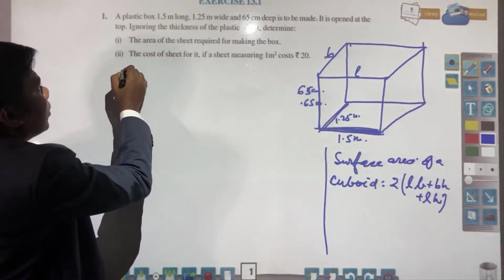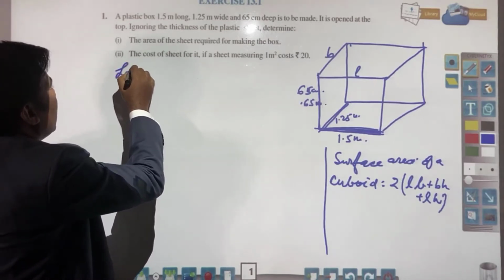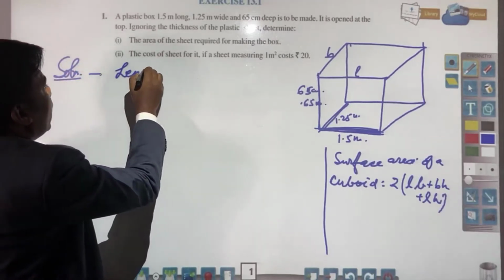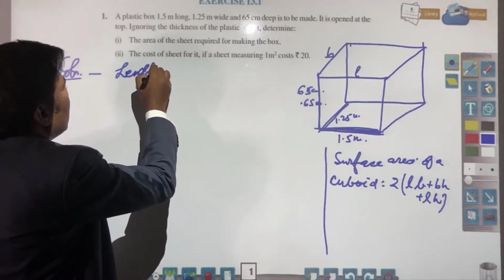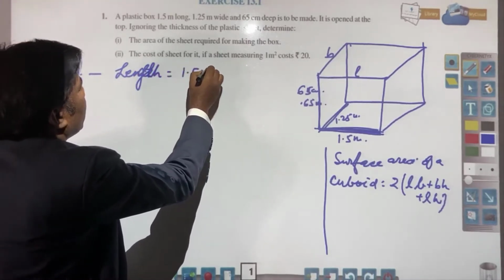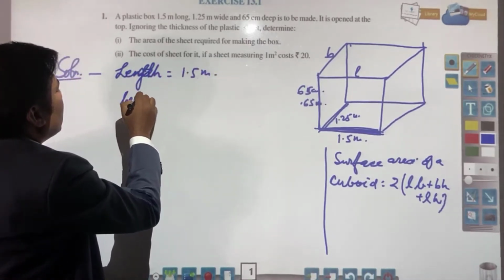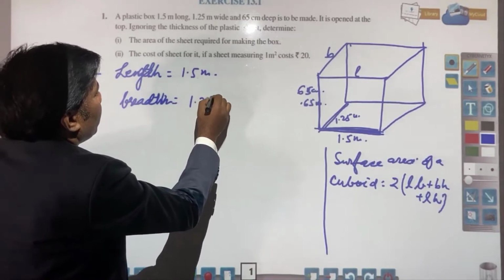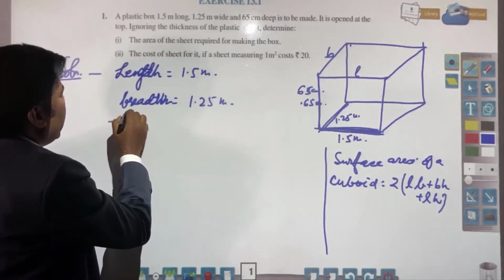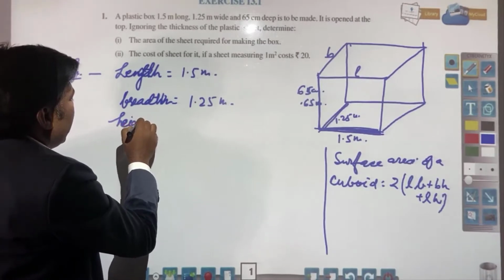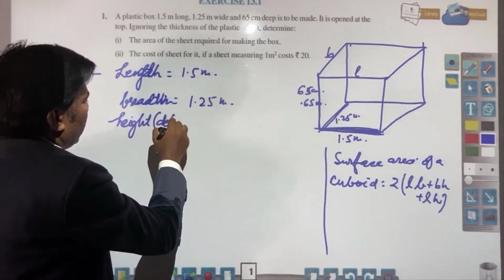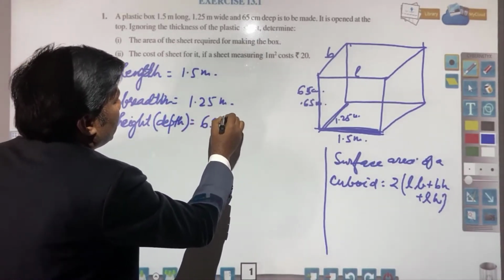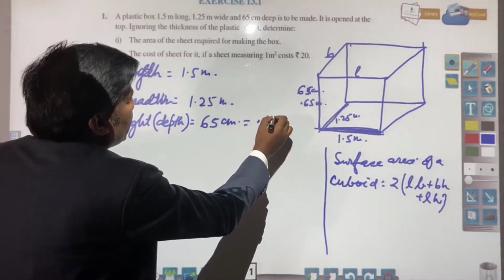So here you will write: length is equal to 1.5 meter, breadth is equal to 1.25 meter, and height or depth, whatever you write, has been given, that is 65 centimeter, which means 0.65 meter.